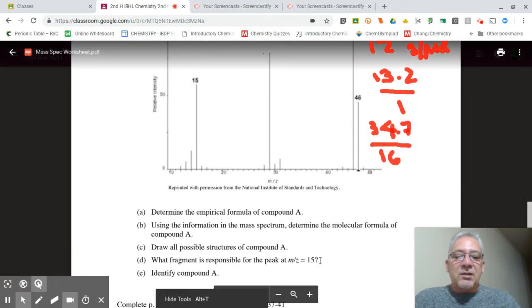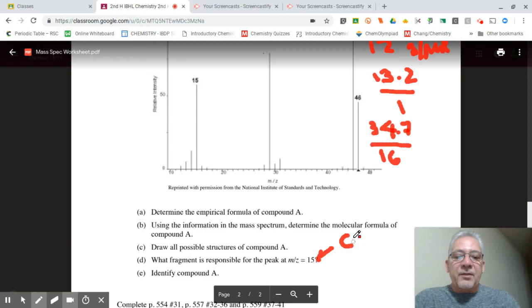Let me answer this one. I'm pretty sure this is a methyl group here, because carbon 12 plus 3 hydrogen will give me the 15. That will be the explanation of this peak here.